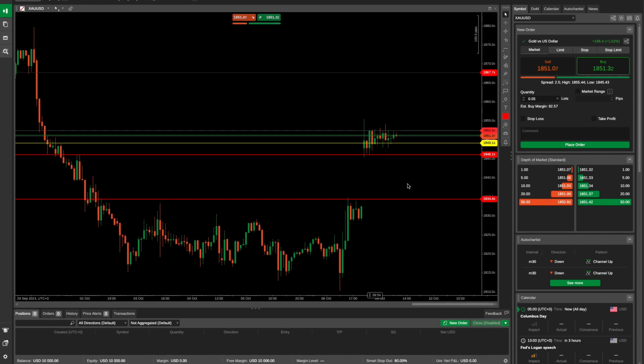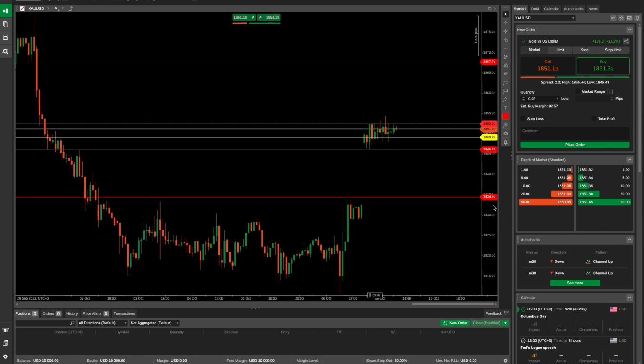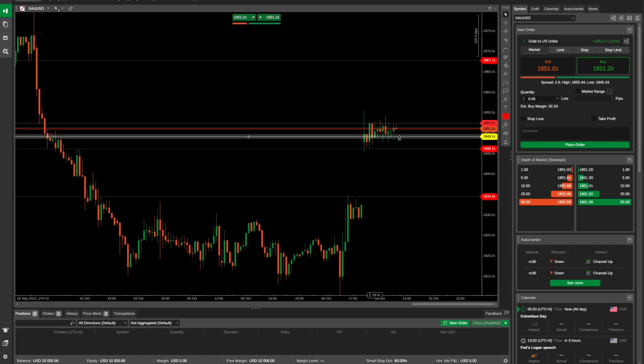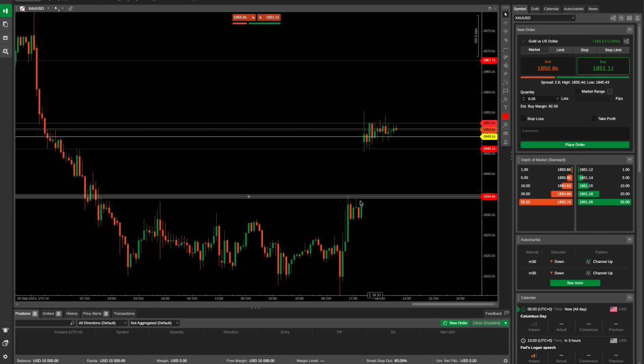I used to trade on MetaTrader 5, but now I found this easier for me and more clear, more updated than MetaTrader. Anyway, if the price is consolidating above 1849, 1850, we can have this idea that this gap is not going to be filled today.